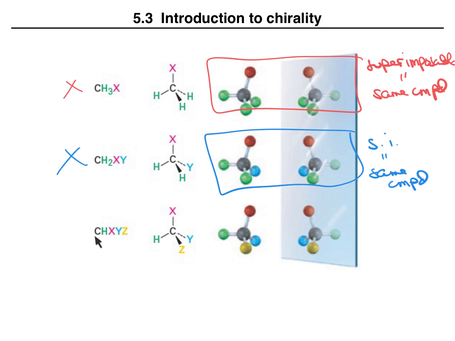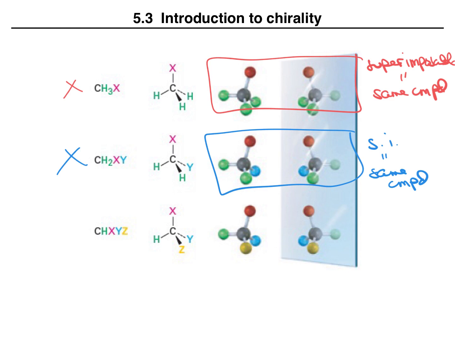What if we have a carbon connected to 4 different groups? So it's connected to a hydrogen and some X, Y, Z. Here we have our model, and then this is the mirror image. Now let's pick up this and slide it over this way.